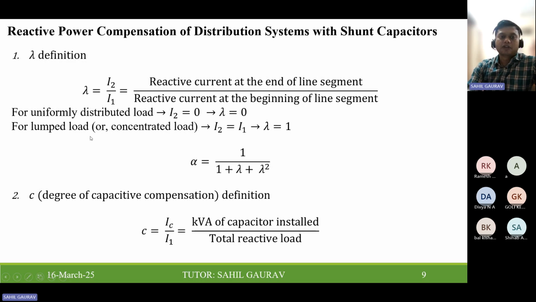If the load is lumped or concentrated, that means I2 equals I1, and this makes lambda equal to 1. So for uniformly distributed load, lambda is 0, and for lumped or concentrated load, lambda is 1.